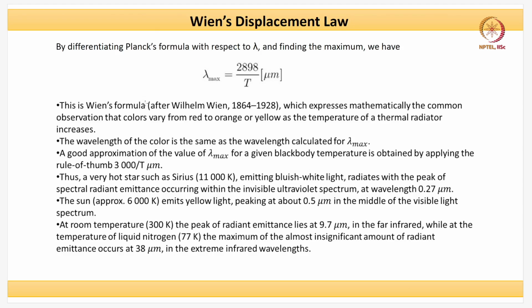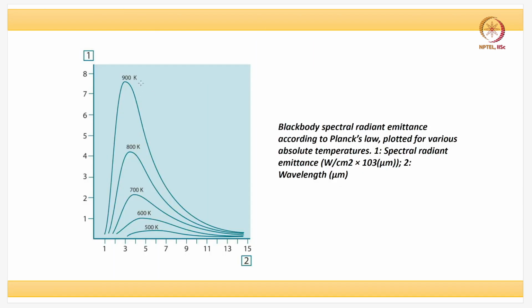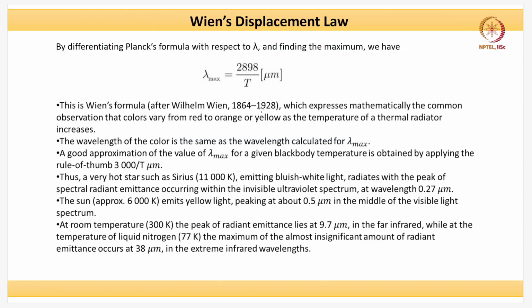So if you differentiate Planck's formula with respect to lambda, and you want to find out the maximum, you have the lambda max given as 2898 by T. So in other words, as the temperature grows, the lambda max becomes smaller and smaller, which is exactly what you see over here. So 900 degree Kelvin is where the wavelength is very short compared to something at say 600. Okay, and this varies as 1 over T, as this particular formula shows.